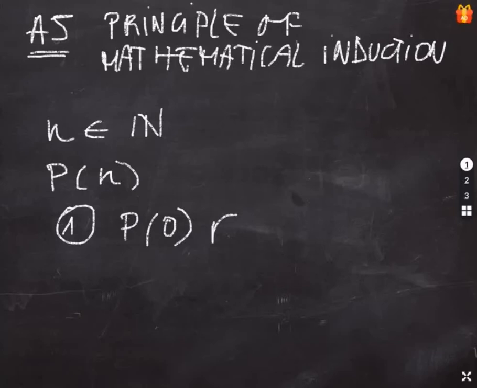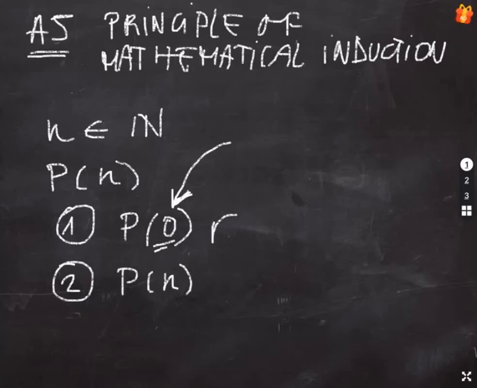And you see what is going on here. Here you see the nature, if you want, of the natural numbers. And then we suppose too that whenever P of n is true, then P of n plus plus is also true. In that case, P of n is true for every natural number n.